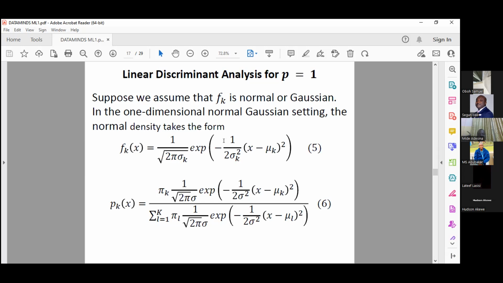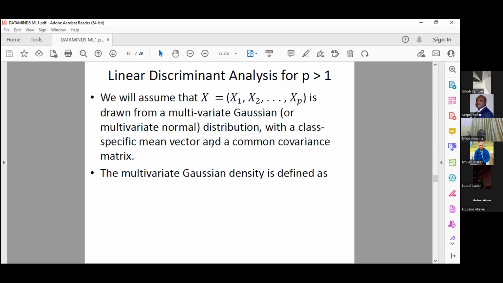So this one can handle it conveniently. Equation 6, talking about the summation, represents Bayes' theorem.